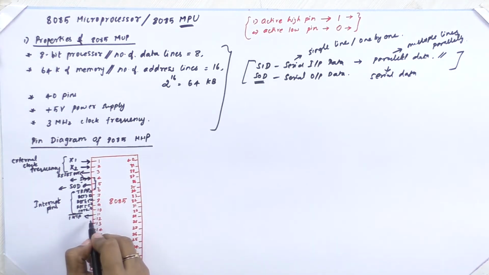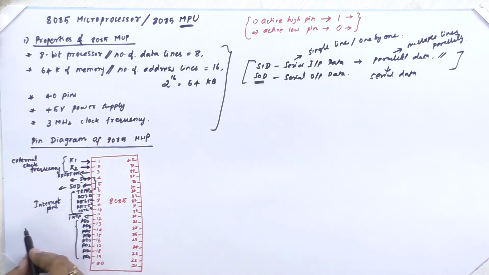Next pin after INTA is AD7, AD6, AD5, AD4, AD3, AD2, AD1 and AD0. So these are all the 8 pins.